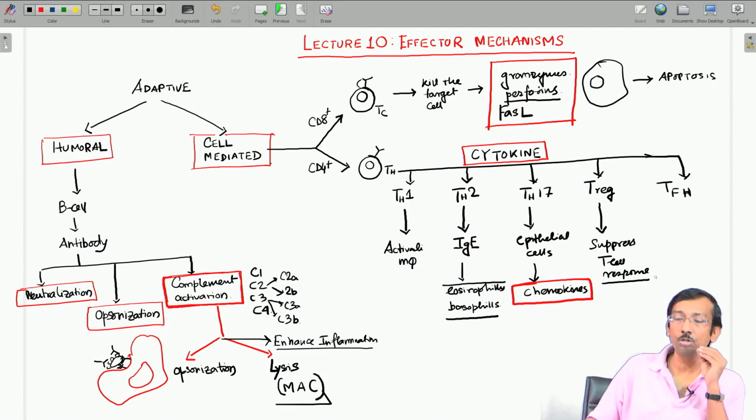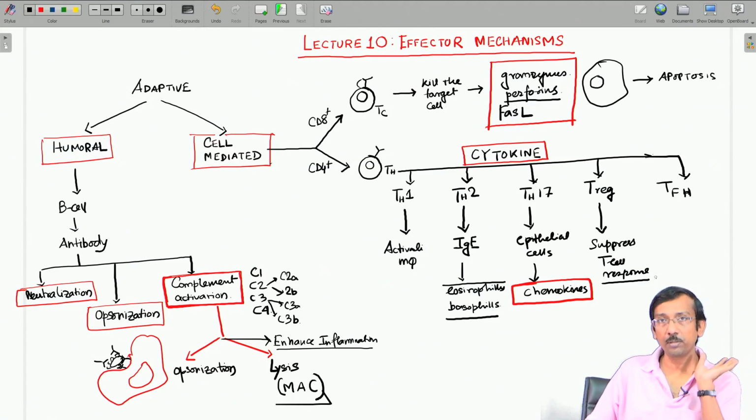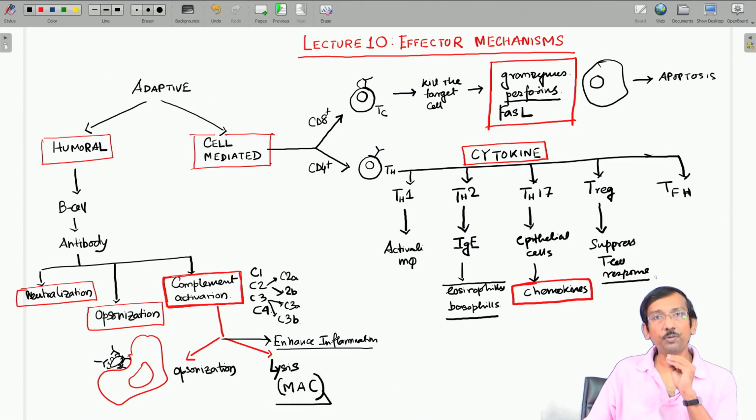We will learn about autoimmunity in the later part of this course, but for the time being, these T reg cells are important cells which regulate the T cell response, and primarily they have an inhibitory role, so that they suppress the T cell responses.